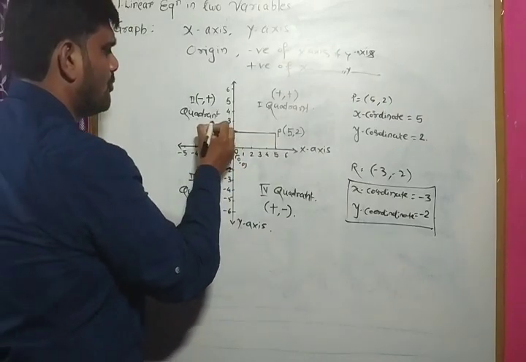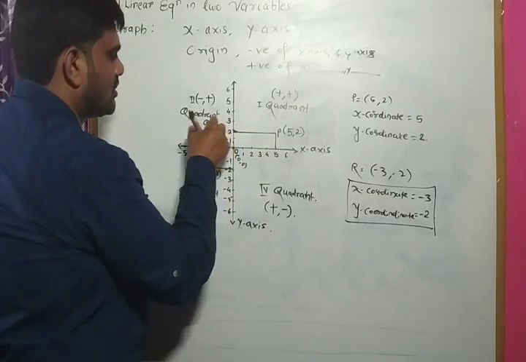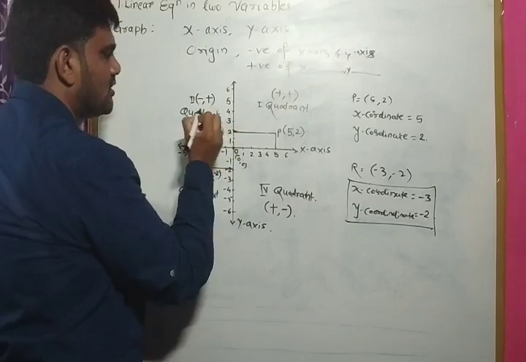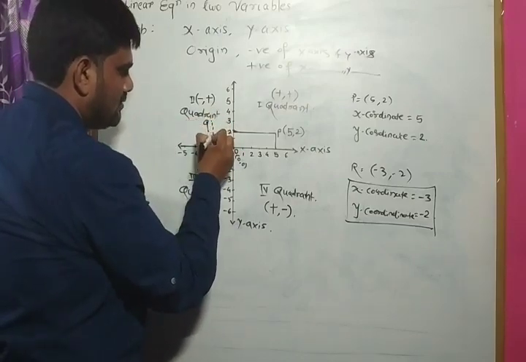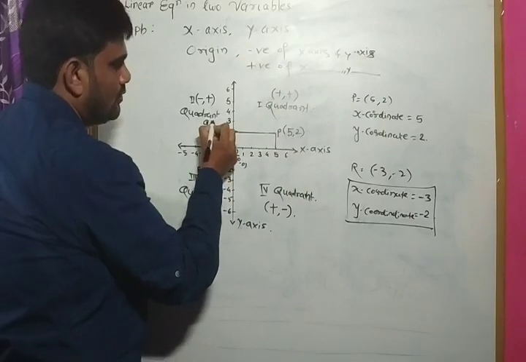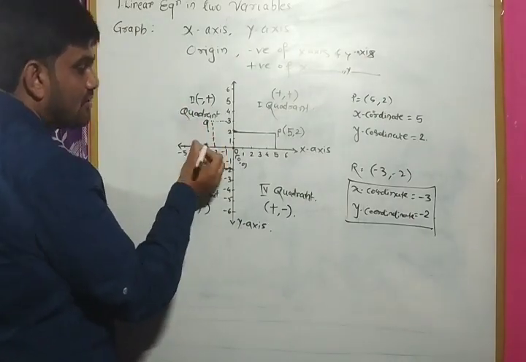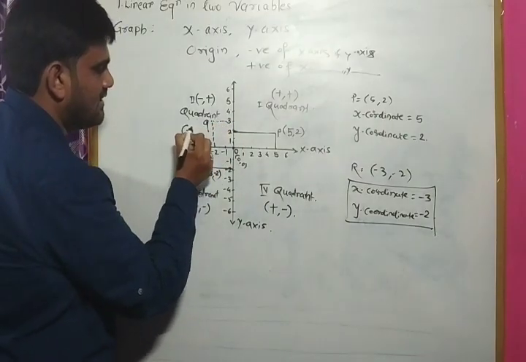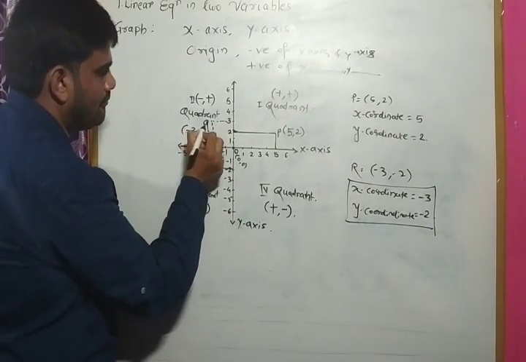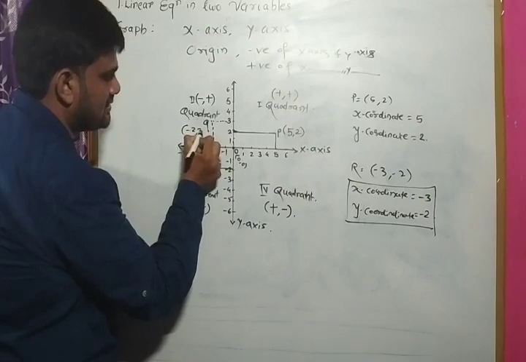Suppose this is the point Q, and it has x coordinate -2 and y coordinate 3. Then the coordinates of this point Q are -2, 3.